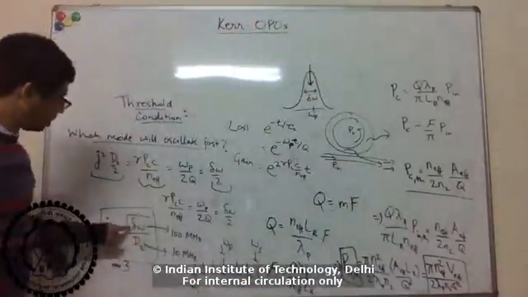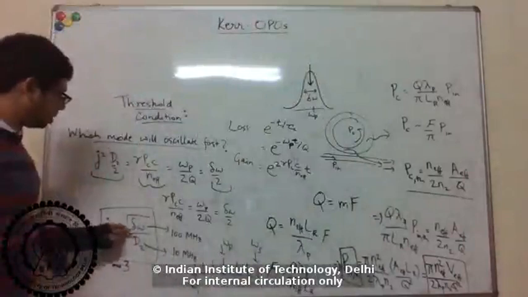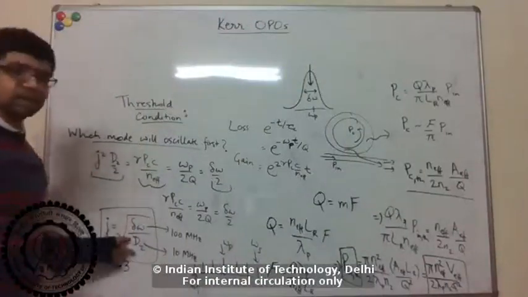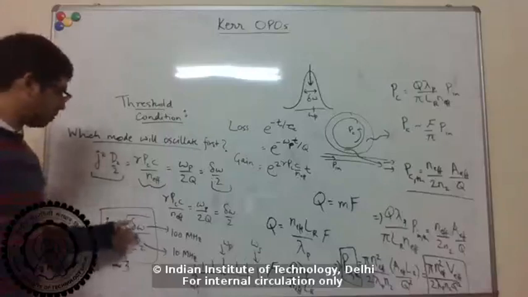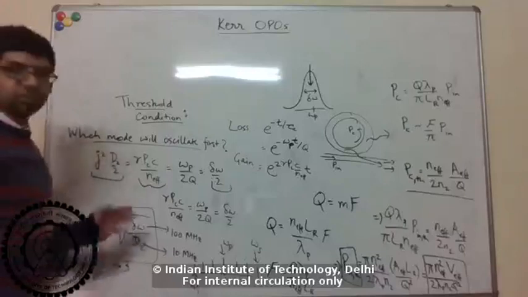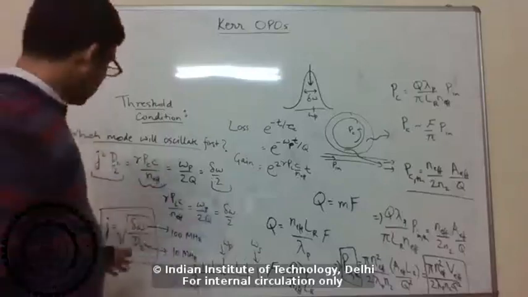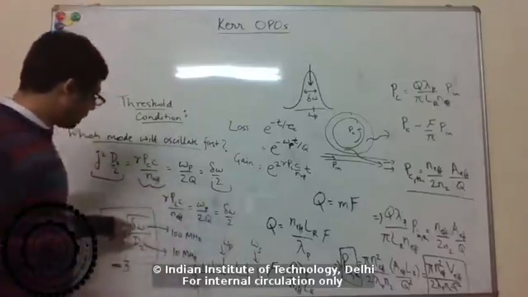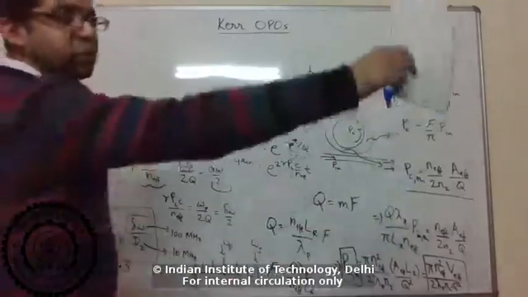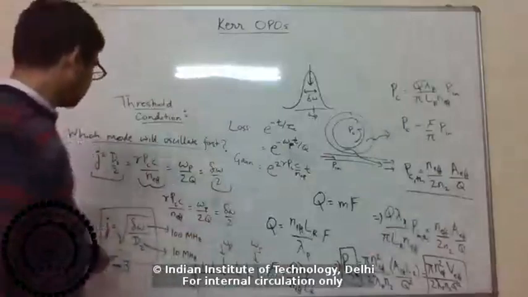So you can see that if delta omega is small or D2 is large, I mean, if they are the same value, then j is sort of 1, which means the first mode will oscillate. But if D2 is very small compared to delta omega, then j will be large, and some faraway mode will oscillate. Okay?